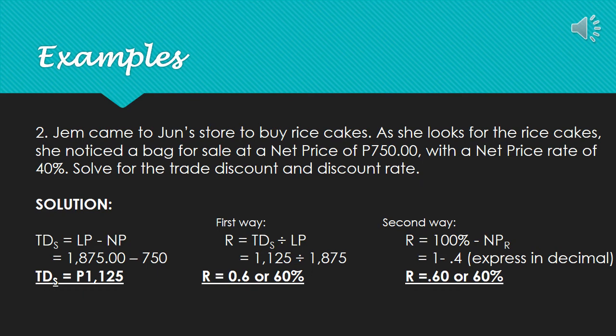The second way, we just have to use this formula, R equals 100% minus NPR. So expressed in decimal, we have 1 minus 0.4 since we have the value of NPR, which is 40%. And then we will still arrive with 0.60 or 60%.